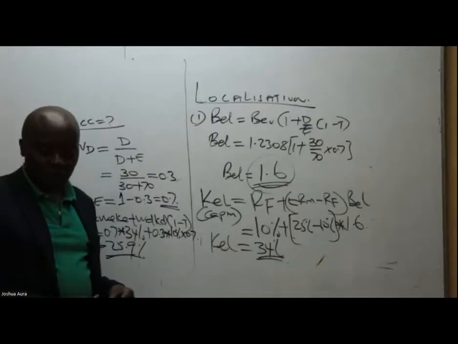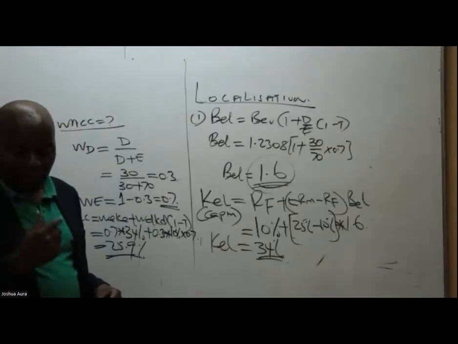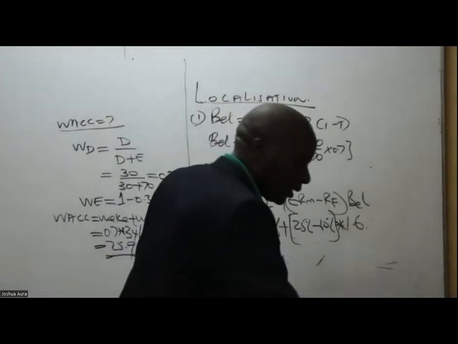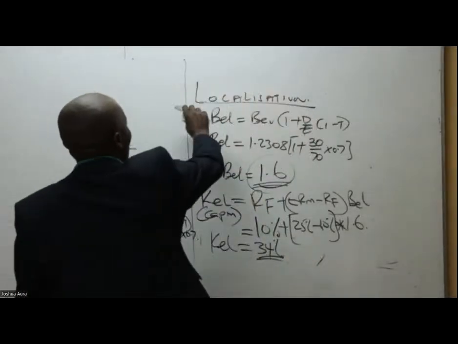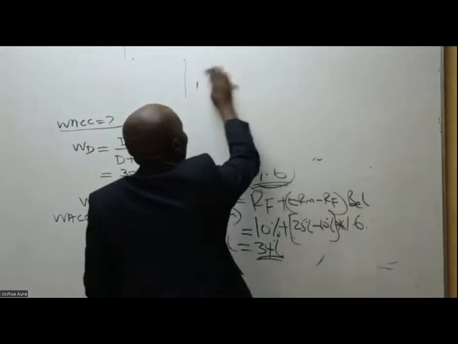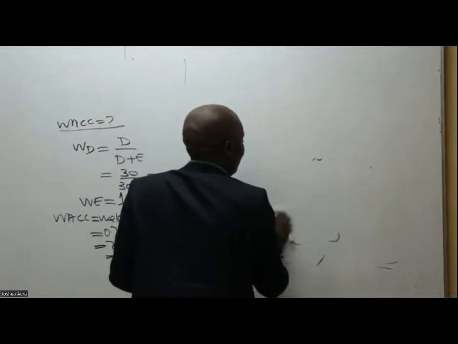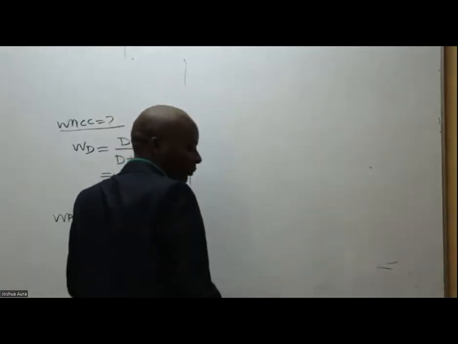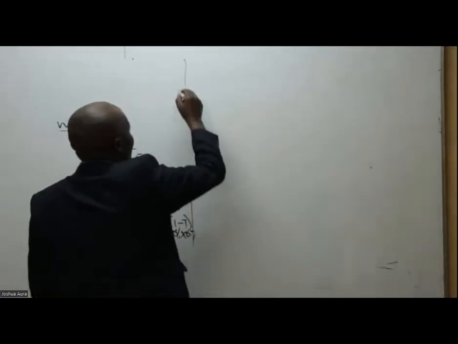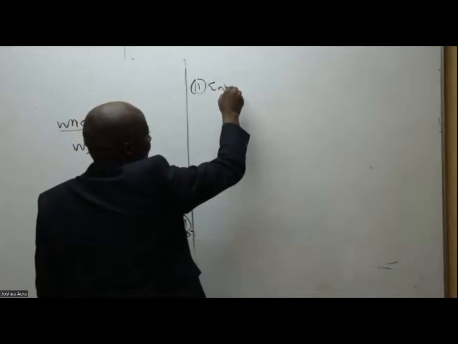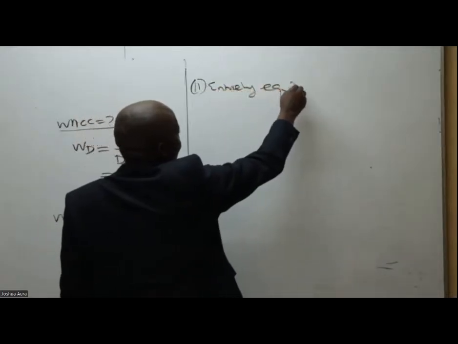From there, I'll go to the second bit, which is very easy. It is entirely equity, so there is no real working here.